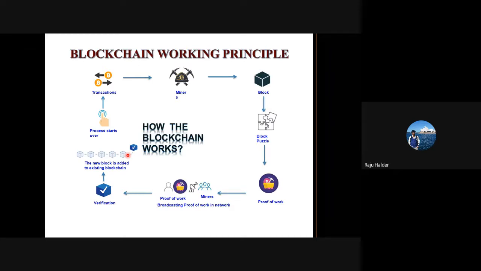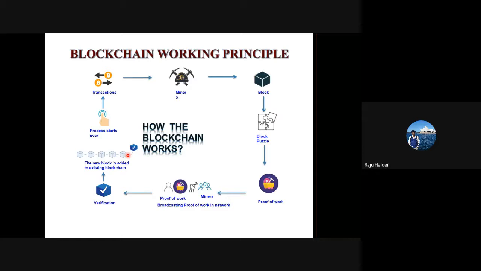So it is assumed that more than 50% power should be with honest miners. Okay, sir. If more than 50% power is with honest miners, then your network is safe. But if more than 50% power is in the hands of dishonest miners, then it is quite risky.